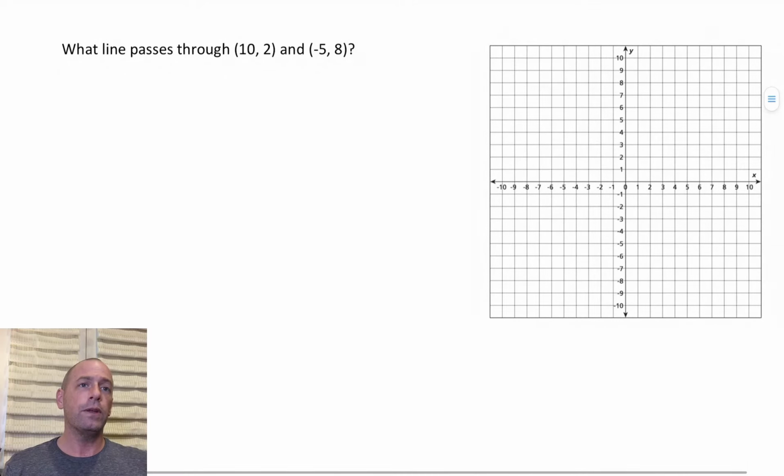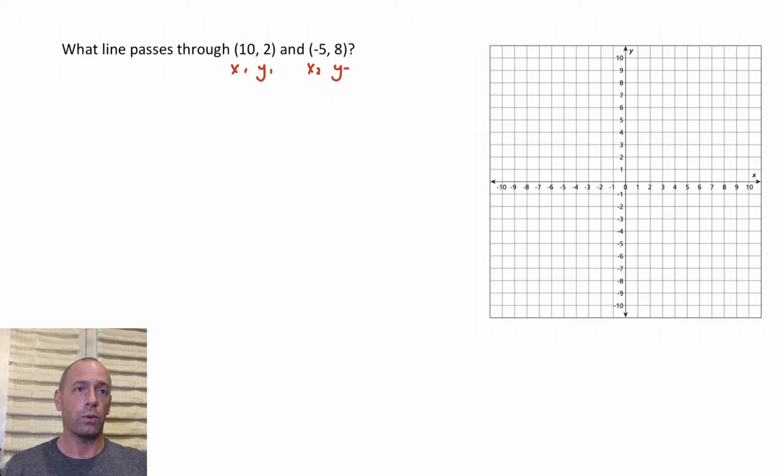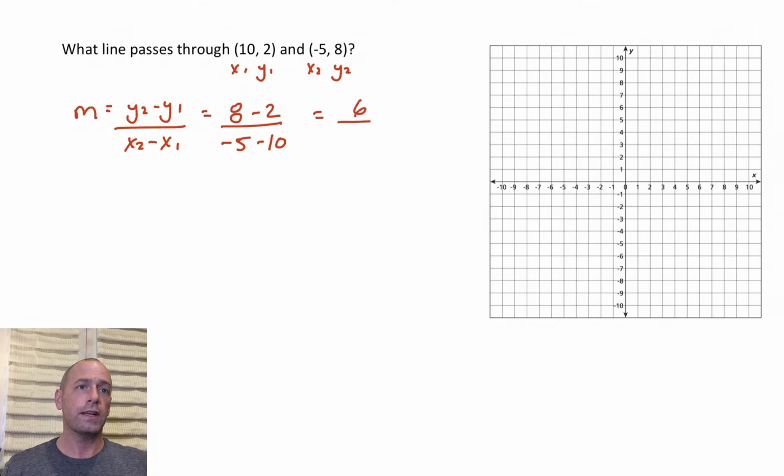So what I'm going to do this time is the algebraic method first, and then use the graph to check it. Again, I'm going to label what I'm going to call x1, y1 and x2, y2, because the first thing I need is the slope. So y2 minus y1 over x2 minus x1 would be 8 minus 2 over -5 subtract 10, or 6 over -15.